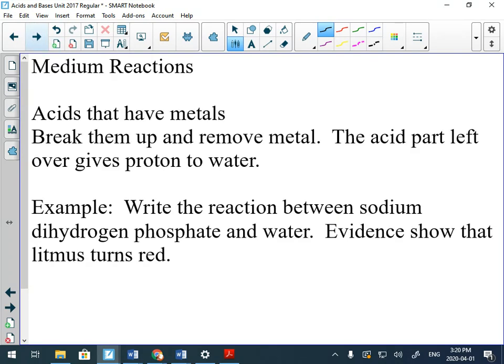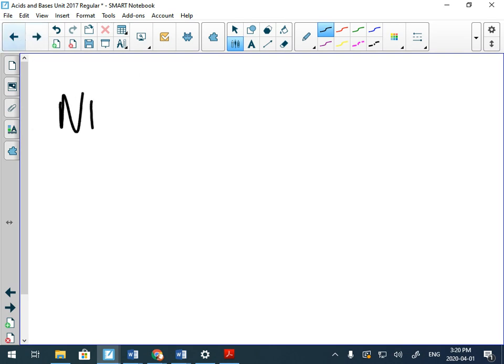Now, how does this help explain ammonia? This is the cool part. Okay, we're just going to stop after this slide. Ammonia is a base. What do bases do? Bases take hydrogens.